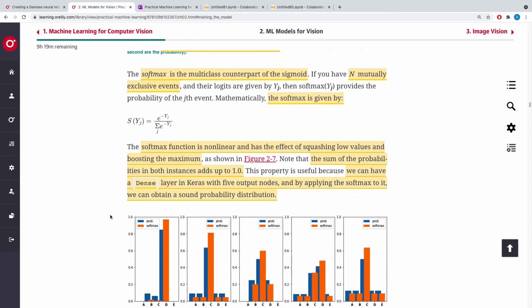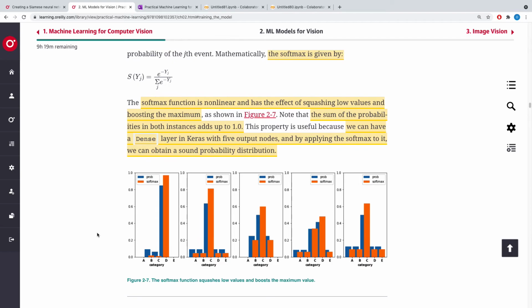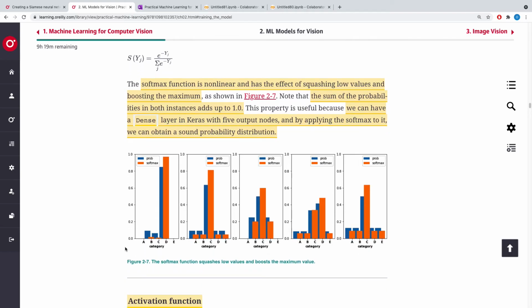Now the characteristic of the softmax function is that it's non-linear and it has the effect of squashing low values and boosting the maximum, as you can see here. Let's say the logit given to us here is this blue.